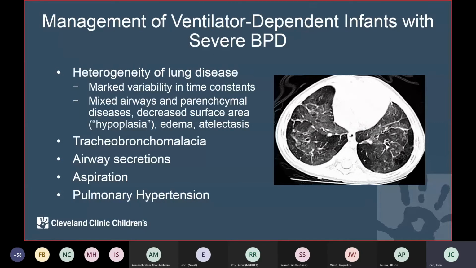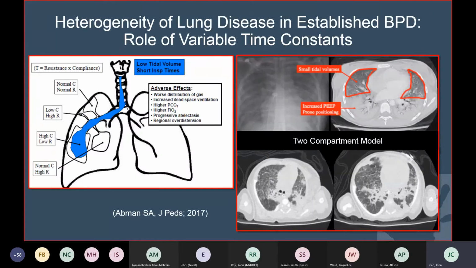So we have to take a somewhat different approach, I think, to mechanical ventilatory support, as there's this evolution of BPD, in part triggered by this early identified pH and then subsequently later identified pH. The heterogeneity of the lung disease in established BPD is largely due to the role of variable time constants.